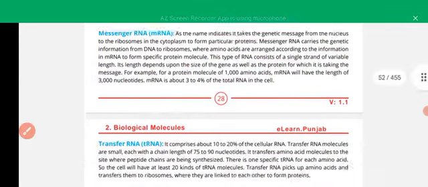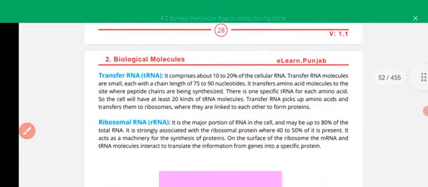Then we come to the transfer RNA molecule. These carry amino acids to the ribosomal site where protein is being synthesized.